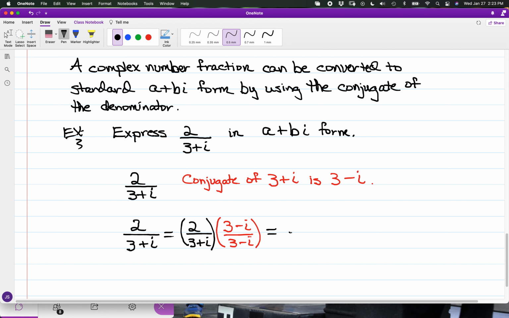And so with this approach, we have 2 over the quantity of 3 minus i.